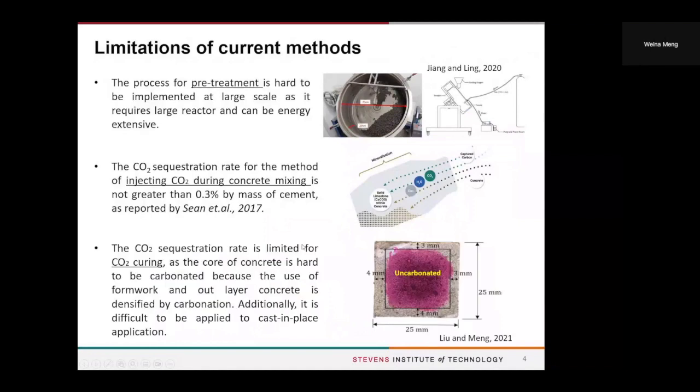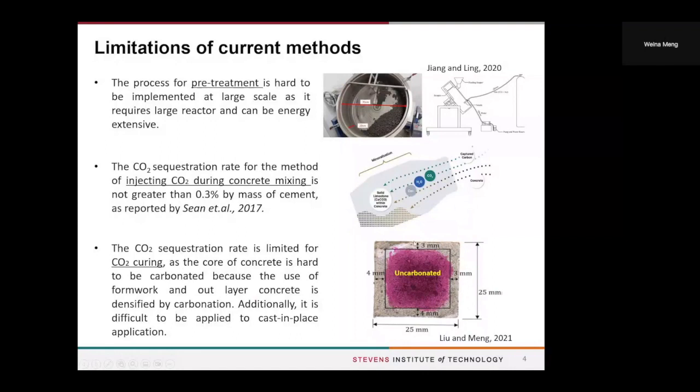For the last method I introduced, the CO2 curing, the CO2 sequestration rate is also reported as low or limited because the concrete core, as you can see, is hard to carbonate, since for precast elements you normally use a formwork.